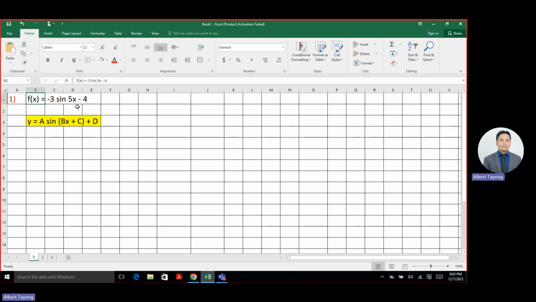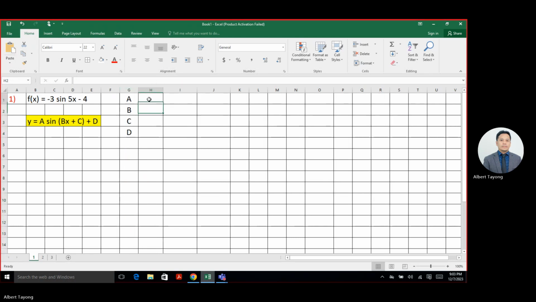By the way, the first one is an example of that, where c is equal to 0 because the open and closed parentheses are not there. So we have to find our a, b, c, and d. So our a is -3, our b is 5, c is 0, and our d is -4. Now c is 0 because, as I said, we don't have the open and closed parentheses.